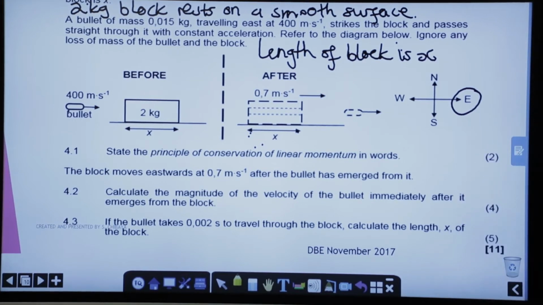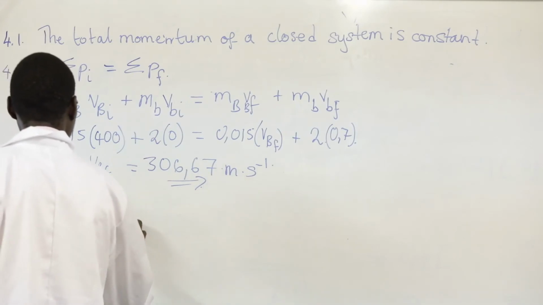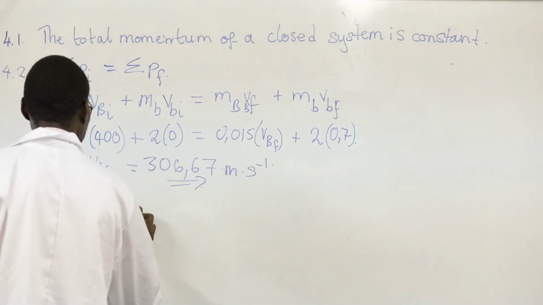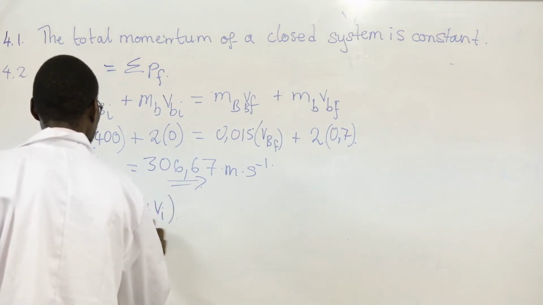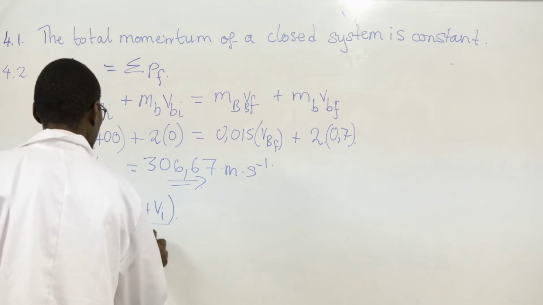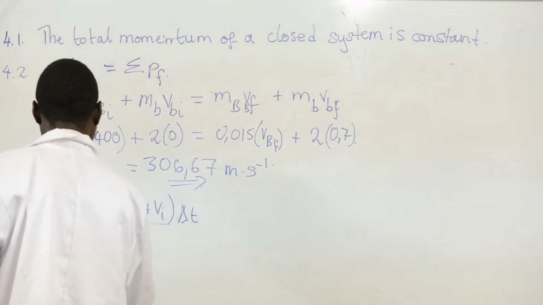Now, you can apply the laws of motion, which I am quite aware you have already used before in the previous grades, where you can use delta x is equal to v final plus v initial divided by 2 multiplied by change in time.